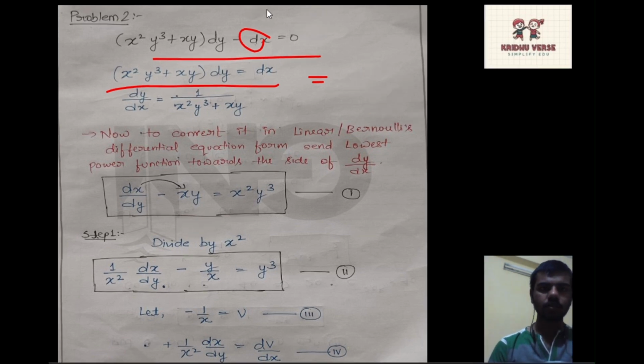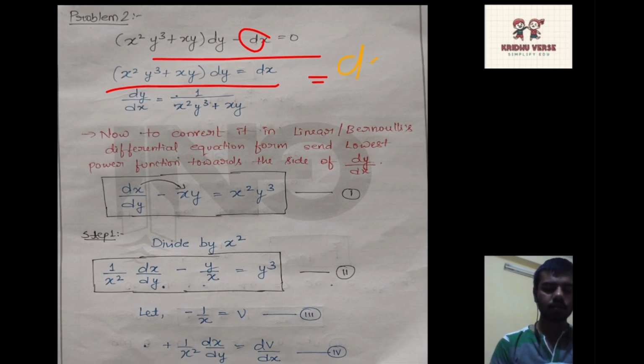Firstly, if you move dy to the other side, it will come like dx over dy instead of dy over dx. After reversing it, dy over dx will be 1 by x square y cube plus xy. This is the expression that we get as dy over dx, so the first step of making a linear differential equation is completed.